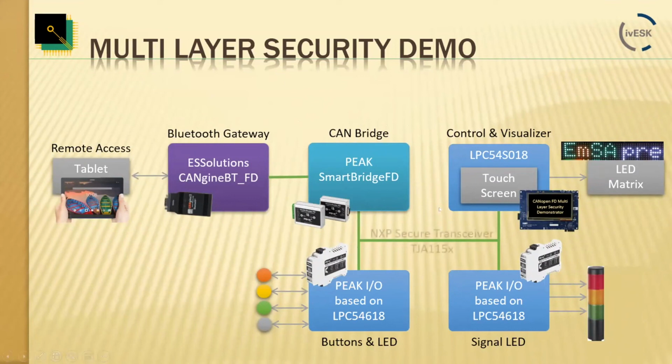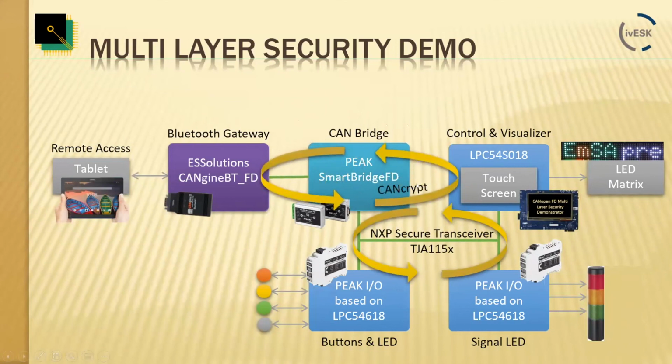There are systems and a demonstrator out there for the NXP secure transceiver, showing that it also works in combination with CAN-Crypt and the crypto layer. We have also done an implementation together with Axel and his team, where we have a remote DTLS connection from an Android tablet going to a Bluetooth CAN interface, going to a touch screen, with DTLS communication from touch screen to tablet through the Bluetooth layer.